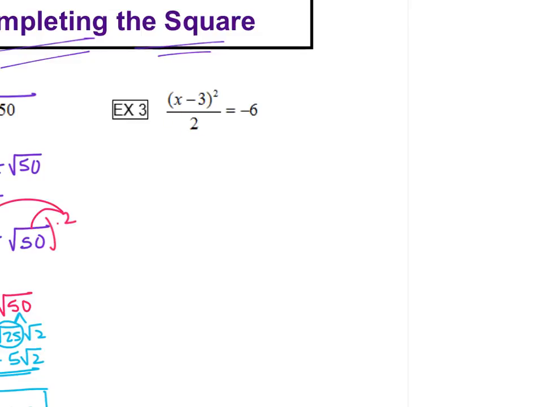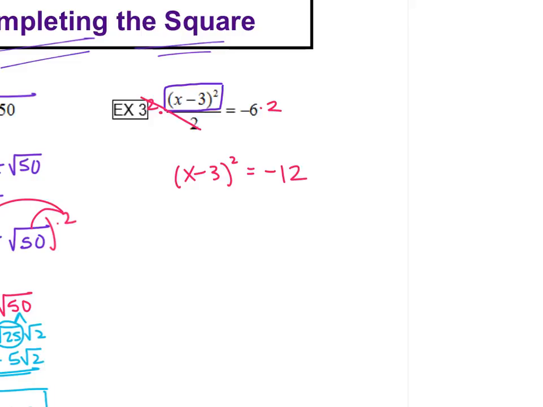So we know we're going to have to square root both sides to undo the square, but the thing I want to make sure we know is if there's anything outside of the squared thing, see that divided by 2, we have to get that to the other side before we can square root both sides. So we're dividing by 2, opposite of that is to multiply both sides by 2. Multiply by 2 and divide by 2 cancel, leaving us with x minus 3 squared equals negative 12.